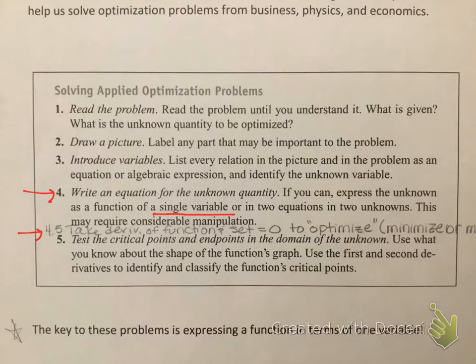All right, so the big thing here is step 4, that you are going to have to express this function in terms of just one variable. And you'll see that a little bit more as we get going. Like, for example, what if you have area equals length times width? Well, you can't use both of those variables like that. You have to have one expressed in terms of something else. So in other words, you would have to have the area in terms of width, and then the only thing that you can have over here are W's. You can have no L's.